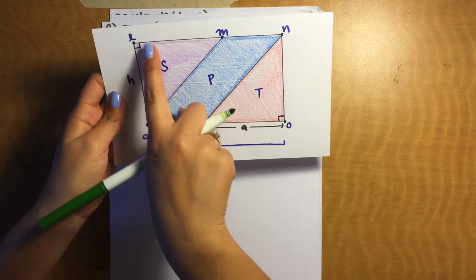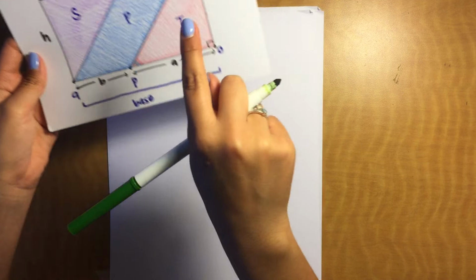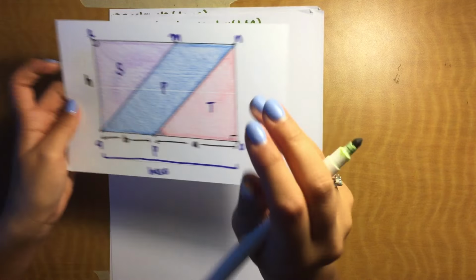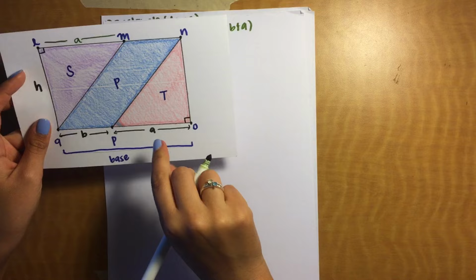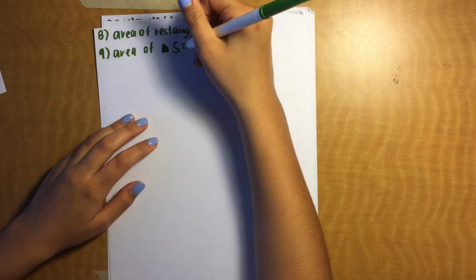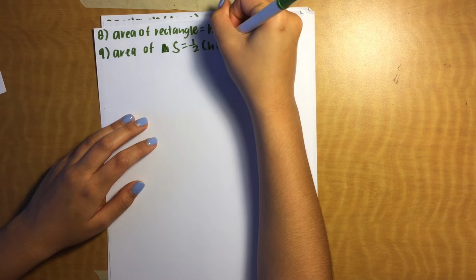Since these are congruent, this is also A, so we can write in a little A here. So S equals 1/2 H times A.